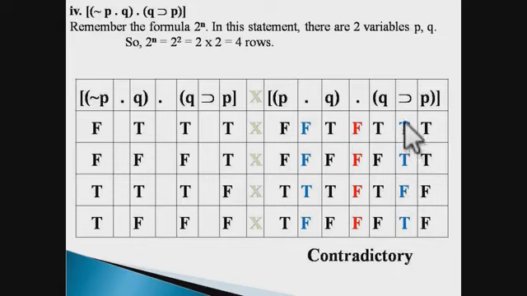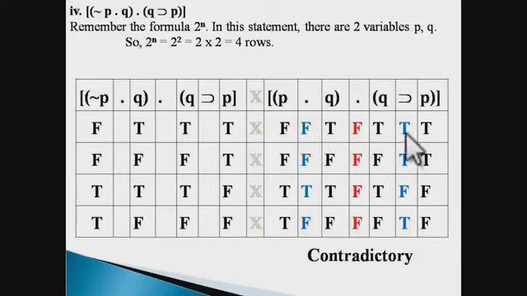You now have to combine the values for this parenthesis and the values for this parenthesis, a conjunction and a conditional statement, to get this conjunction in red. So you combine the values in blue to get the values for this conjunction. A conjunction is true when both conjuncts are true.